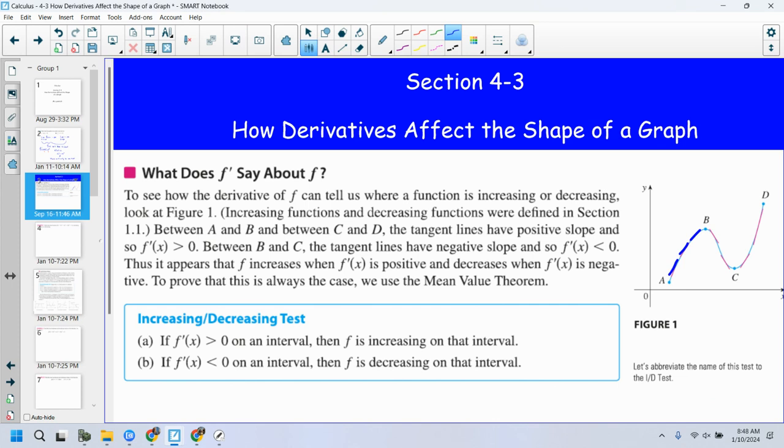As soon as I start to go down the hill, as soon as I start to decrease on the original function, those little snapshots of slopes start to turn negative, don't they?